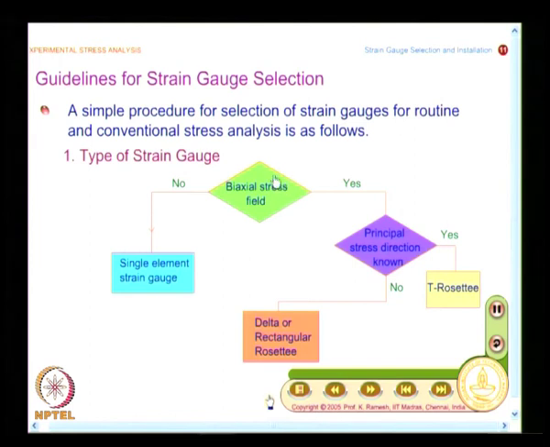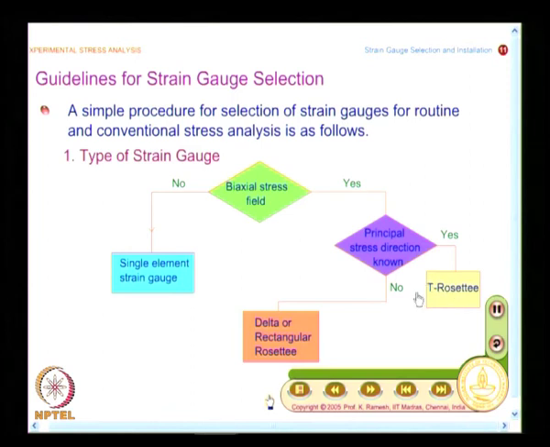If the answer is no, it tells me it is enough I use a single element strain gauge. On the other hand, if the answer is yes, then I need to ask the other question, do I know the principal stress direction? If I know the principal stress direction from my brittle coating test, I can use a T rosette. 2 strain gauges are sufficient, and you are going to occupy 2 channels.